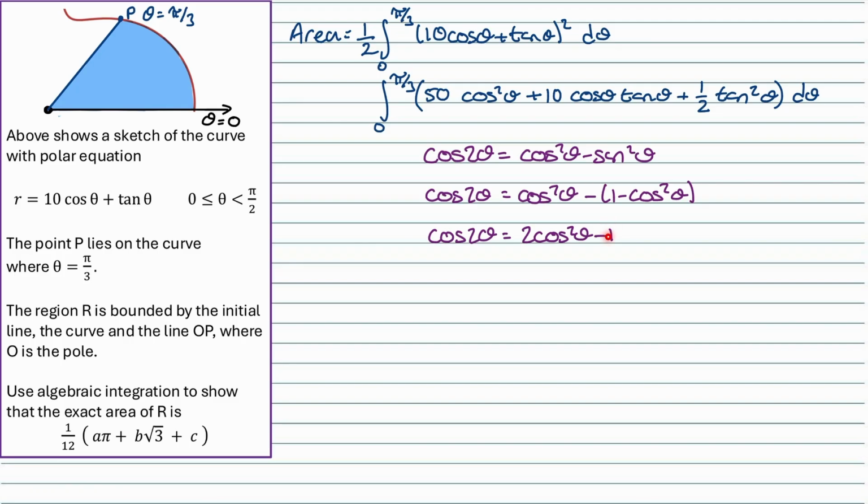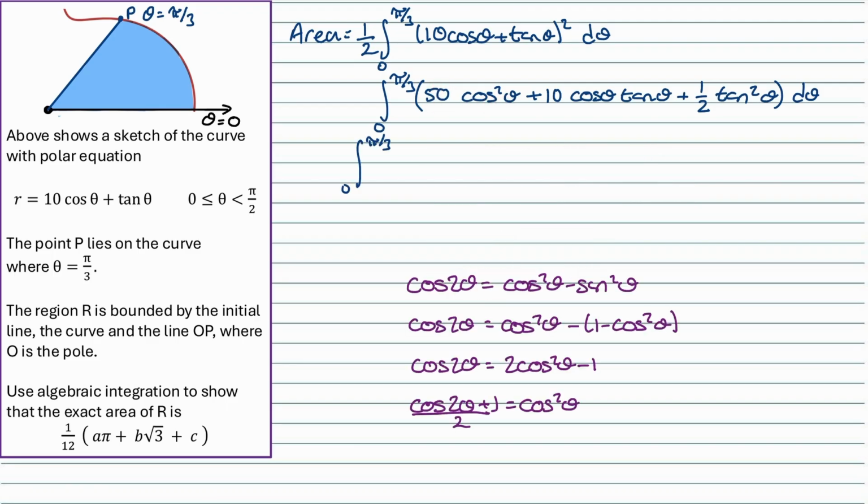We'll move the negative 1 over to the left-hand side and divide both sides by 2. So we've got a half of (cos 2 theta plus 1) is cos squared. Now this is easier to integrate, so I'll substitute this back into here. When you multiply this 50 by the half, we get 25, so I need to multiply each of these two terms by 25. So that's the cos squared term.